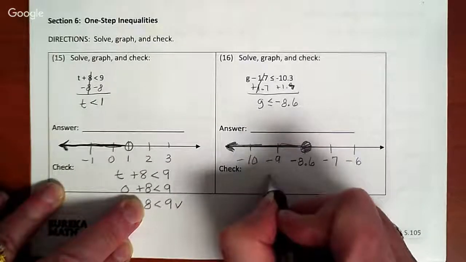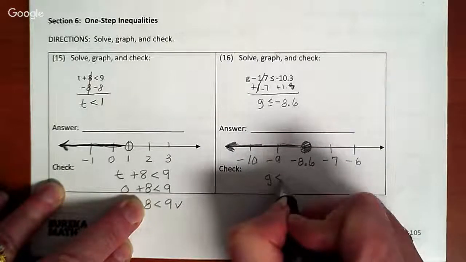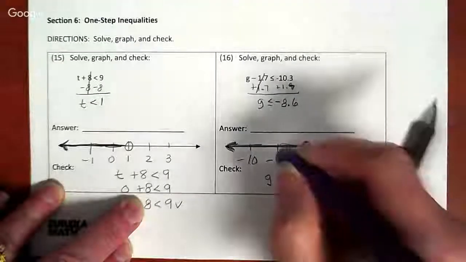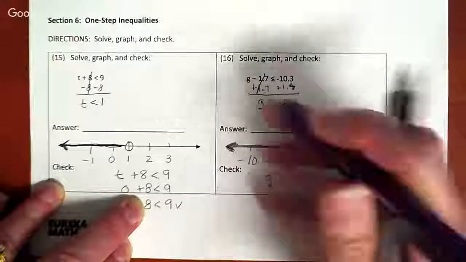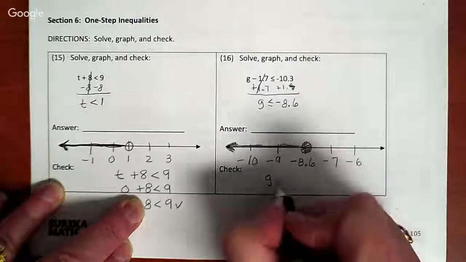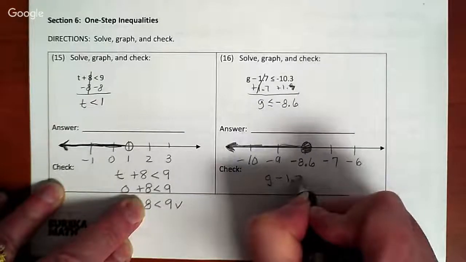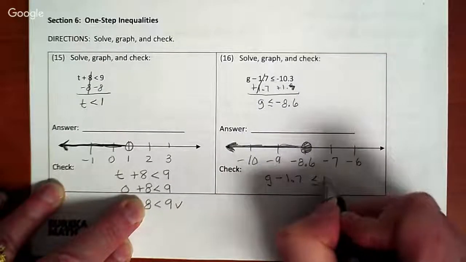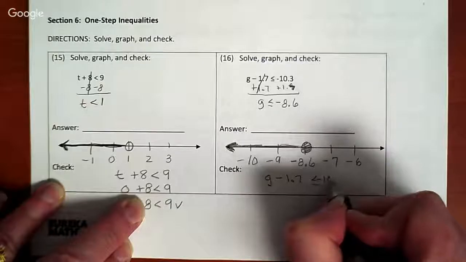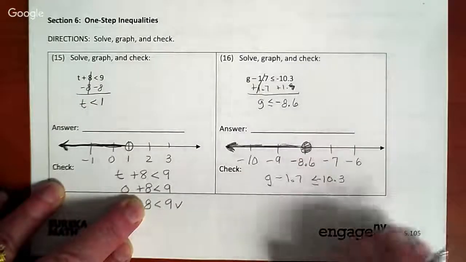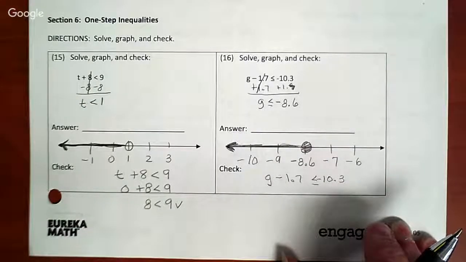Now let's check it. We got g minus 1.7. And again, we can use a whole number. 1.7 is less than or equal to negative 10.3. Now remember, the larger the number on the negative side, the smaller it is.